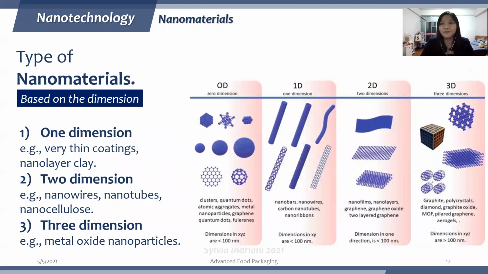Here we have four dimensions, right? And the most famous one is on your right side. This is the three-dimension nanoparticles. Nanomaterials can form many structure dimensions. It really depends on the targeted properties.